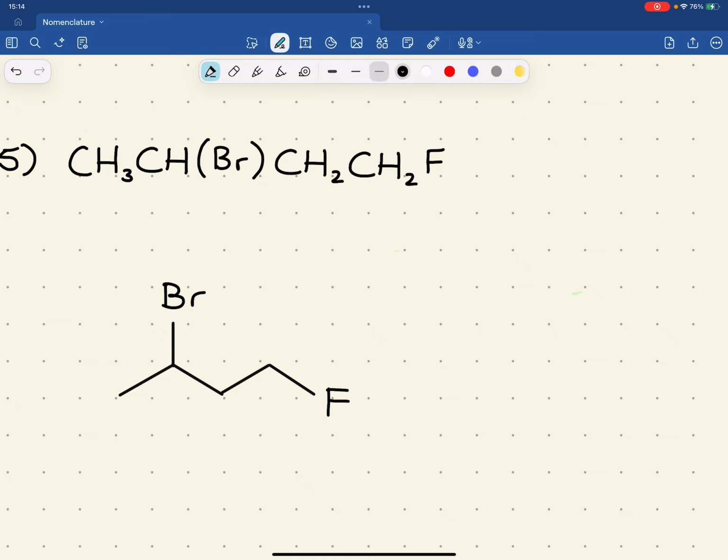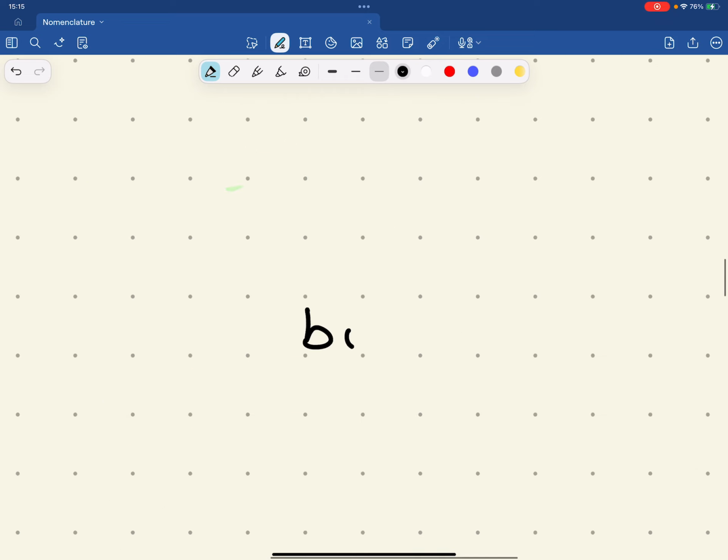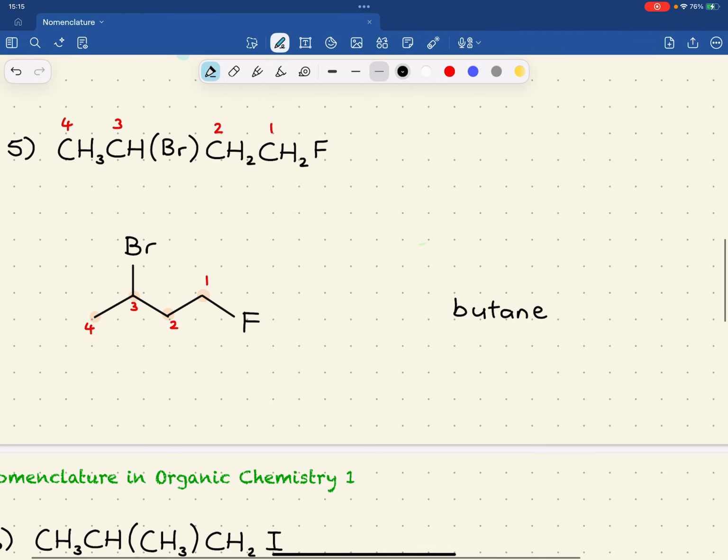And I'll show you what that means. In this case, I must number it from right to left. So then 4 corresponds to the 1, 2, 3, 4 there. My longest chain is 4, so this is going to be butane. It's going to end in butane. So I can even write that down now as part of my name. Butane. And we've got fluorine coming off carbon 1 and bromine coming off carbon 3.